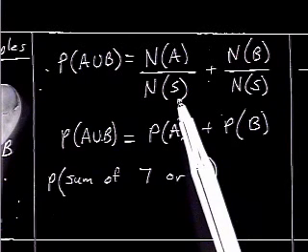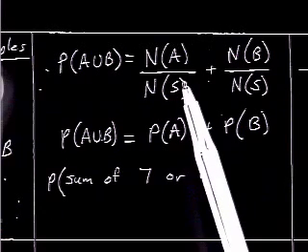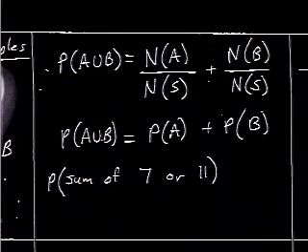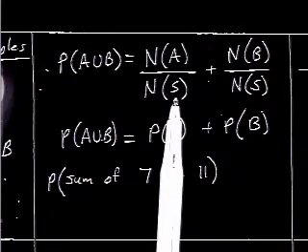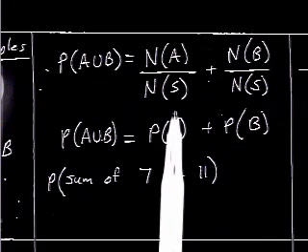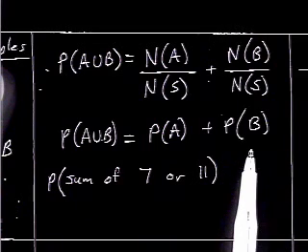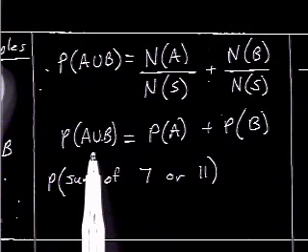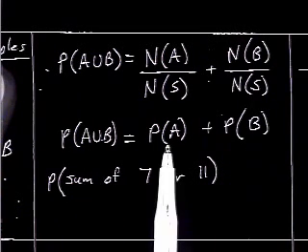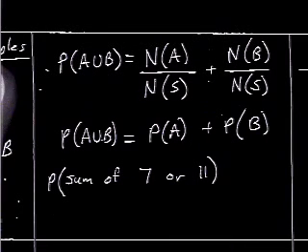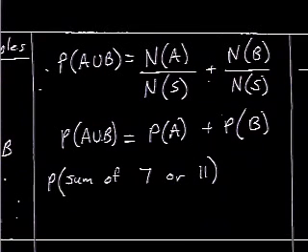So that makes sense. If you want to change the number of items in an event to its probability, you just divide by the number of items in the entire sample space, or all the outcomes. And that changes it to a probability. Same thing over here. So the probability of A or B is the probability of A plus the probability of B. Now, I'll give you an example.